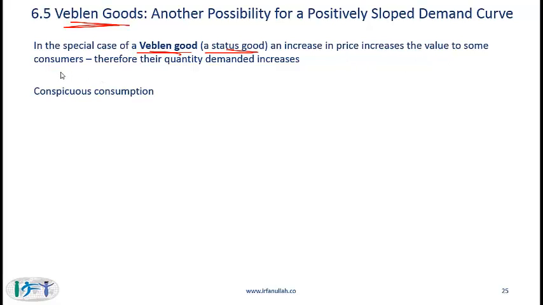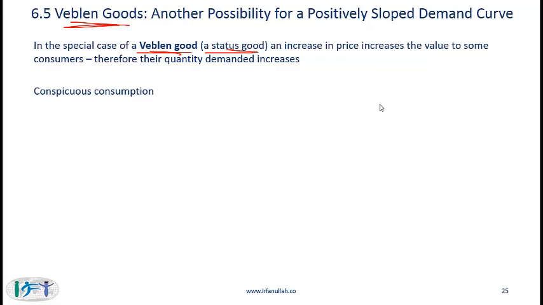therefore their quantity demanded increases. Now, you have consumers who want to show off how rich they are or their status, and they show off their status by buying expensive goods and showing the world that they have enough money to pay for these expensive goods. Now, obviously, the world knows what is expensive and what is not expensive.